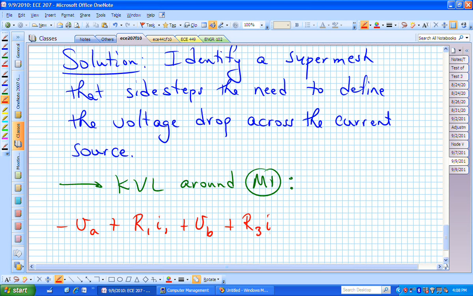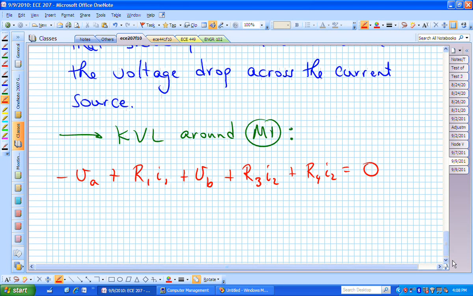Plus R sub 3, I sub 2 plus R sub 4, I sub 2 equaling 0. We've used up all of our mesh equations with that super mesh. We decided we couldn't write an equation for mesh 1 or mesh 2 in isolation. We had to do this super mesh. Because of that, we need another equation.